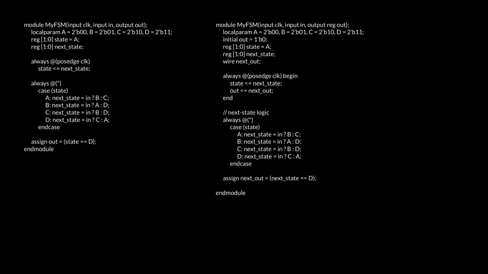You might argue, but hold on, how can this be part of the next state logic if it's a function of the next state? Well, next state is a function of the state, and so next out is also a function of the state. So this is just an algorithmic way of computing the next state. What about our output logic?